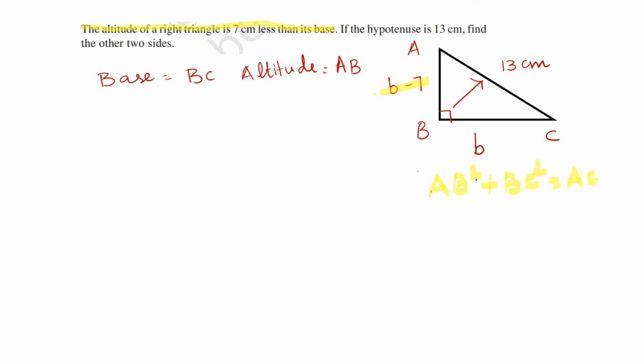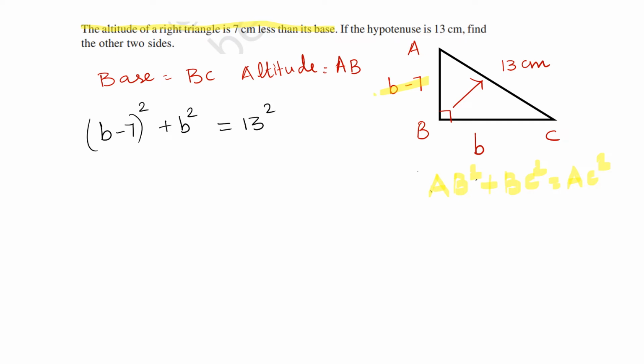That is, hypotenuse square equals the sum of the other two sides' squares. So I am going to do this now. Now we are going to take B minus 7 the whole square plus B square equal to 13 square.